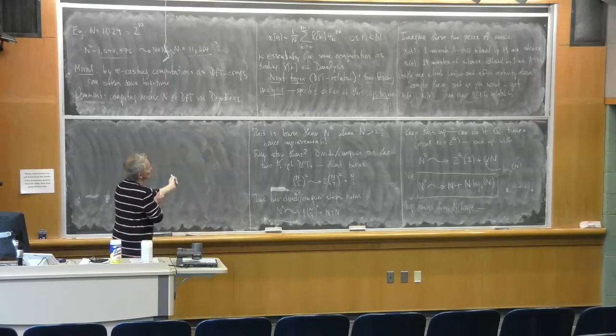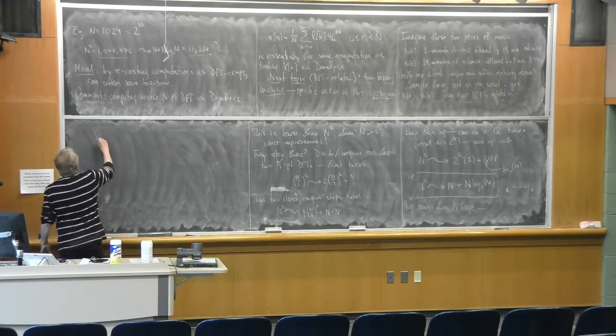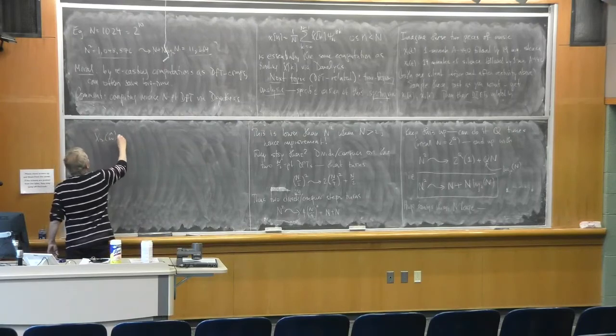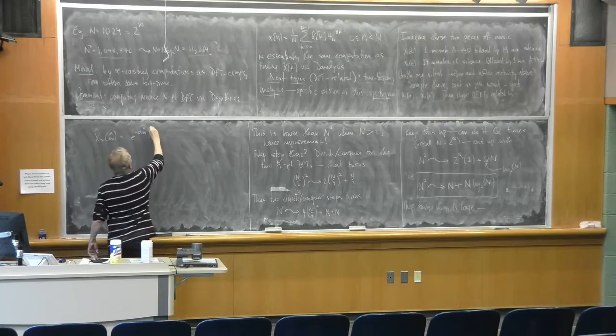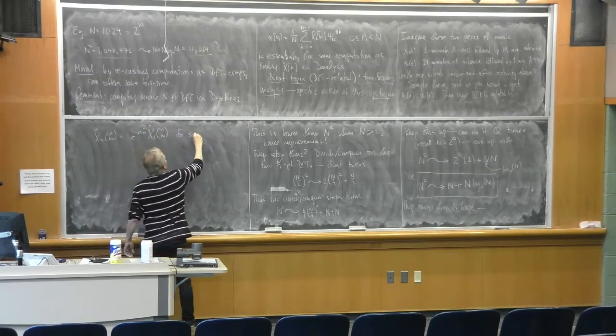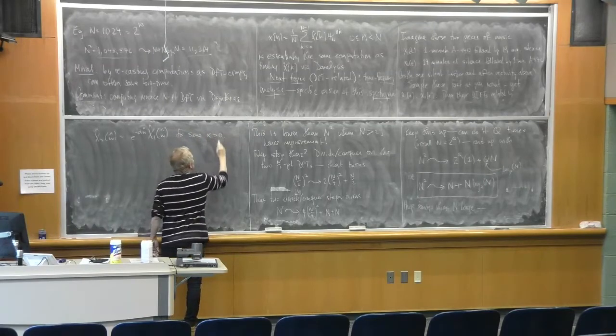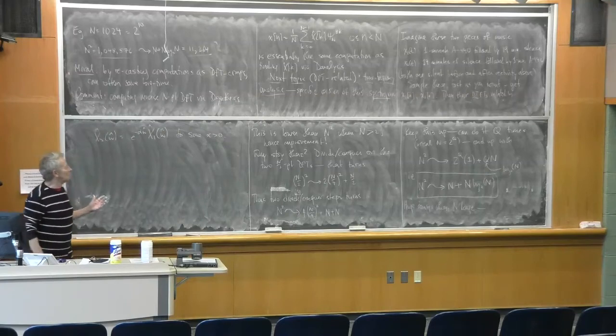Actually, I'm going to write it this way instead. So x2 hat of omega hat is going to be equal to e to the minus j alpha omega hat times x1 hat of omega hat, for some alpha, which turns out to be positive. And you can see sort of why.